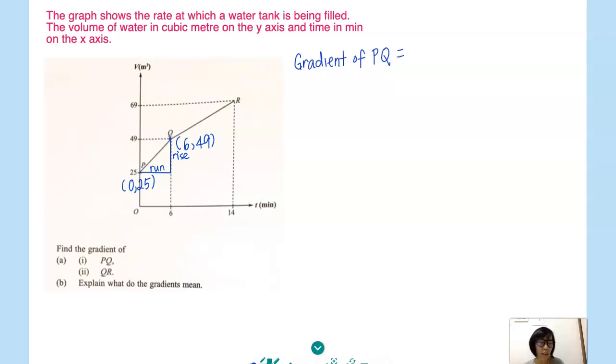So the gradient of PQ is rise over run, and we have an upward sloping line, so we expect a positive gradient. We take the difference in the height, so it's 49 minus 25.